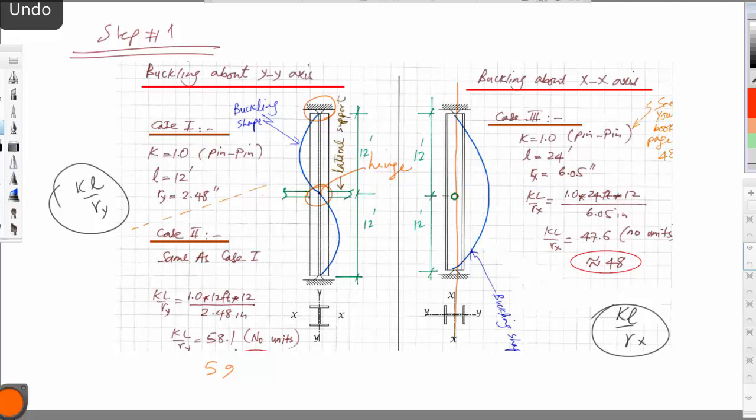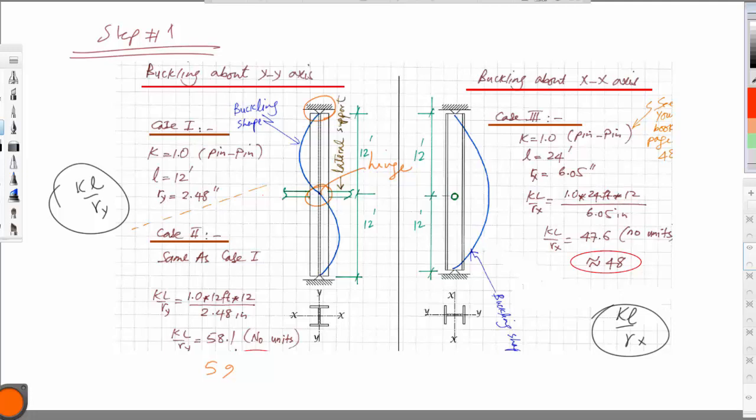Lateral support is only in the x direction, not in the y direction, so this will be the shape of buckling. The K value, hinge and hinge, is equal to 1. The length is the entire length, 24 feet, and Rx from the table is 6.05. So KL over Rx is 47 point something, and that is 48.